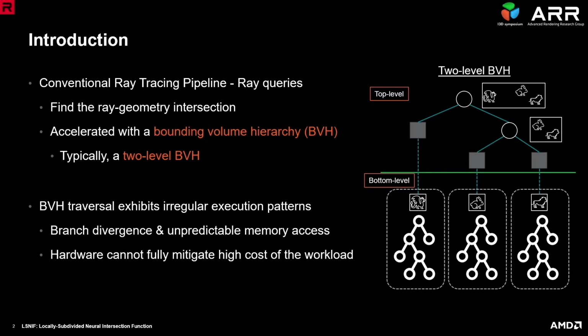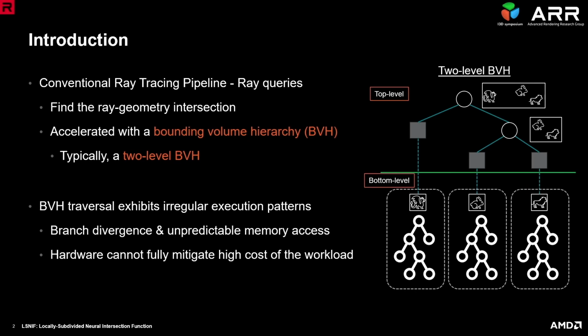In the conventional ray tracing pipeline, ray query is the important operation to find the ray geometry intersection and extract some geometric properties like normal and depth. Ray query is usually accelerated using BVH, typically this kind of two-level BVH as shown here.